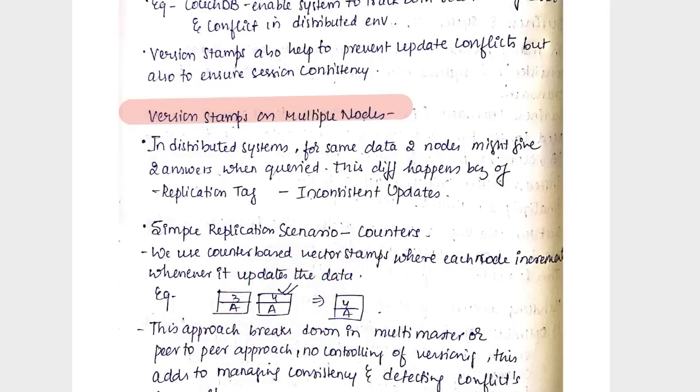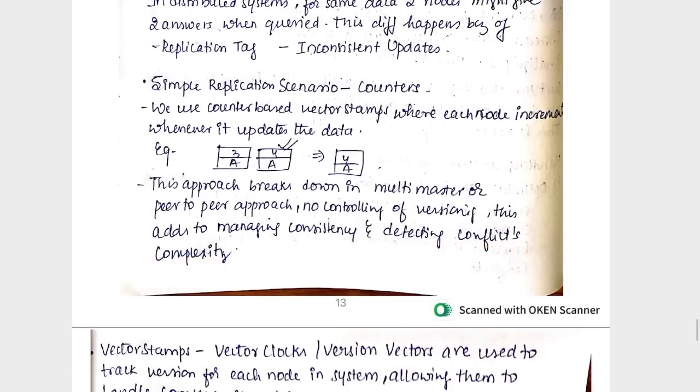However, this approach breaks down in multi-master or peer-to-peer models, where there is no single authoritative source to manage updates, and it can lead to conflicts and complexity issues.